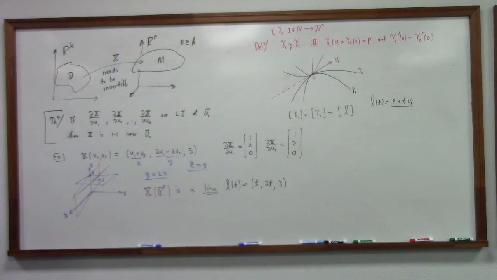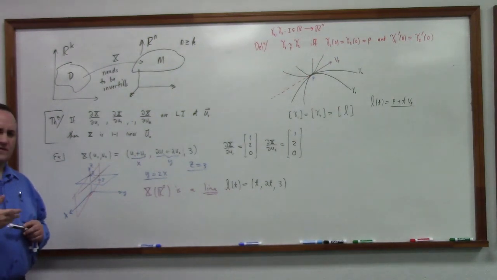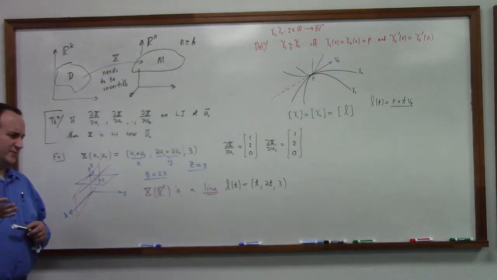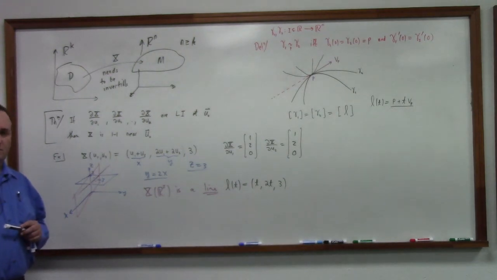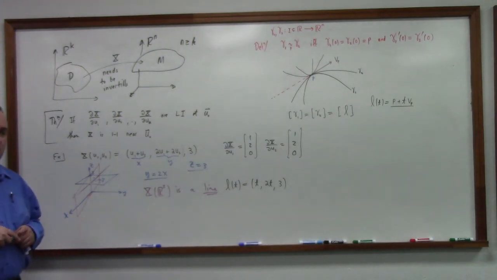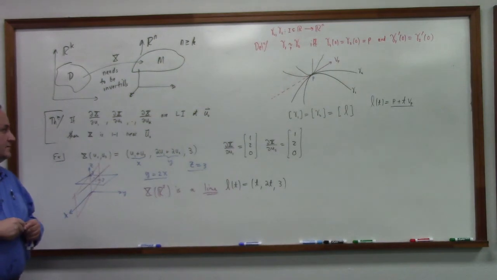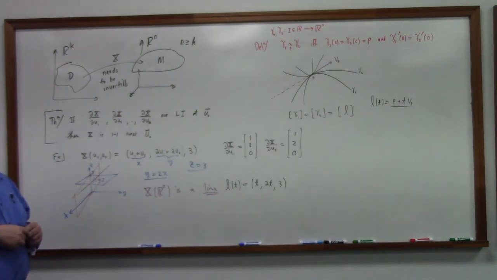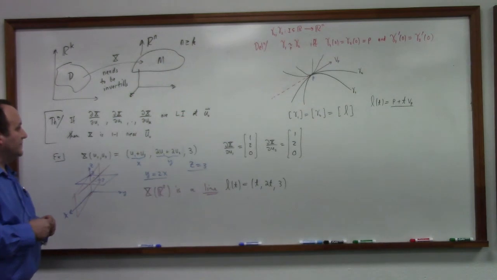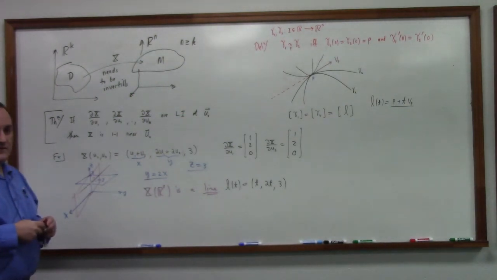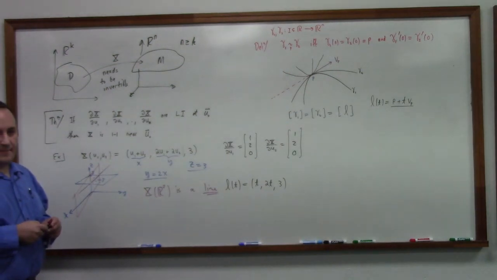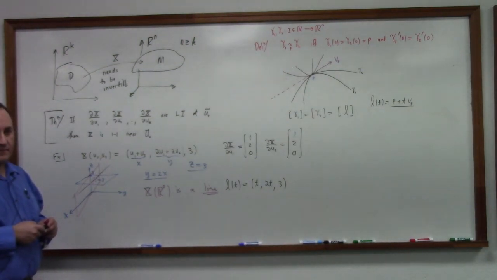So, in fact, this is a condition we're going to need in a later chapter when we define surface in R3. We're going to insist that the mapping, the so-called patch, satisfies a so-called regularity condition. It can be imposed by saying that the partial derivatives with respect to the parameter variables give you linearly independent partial velocities.